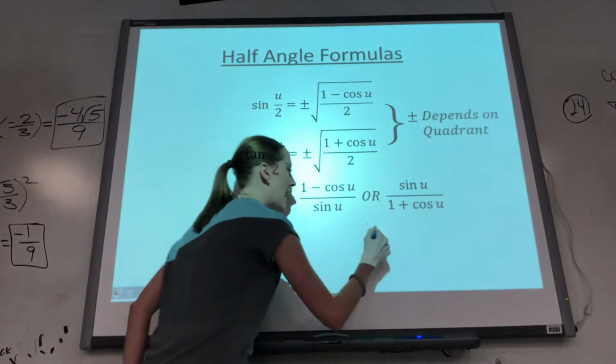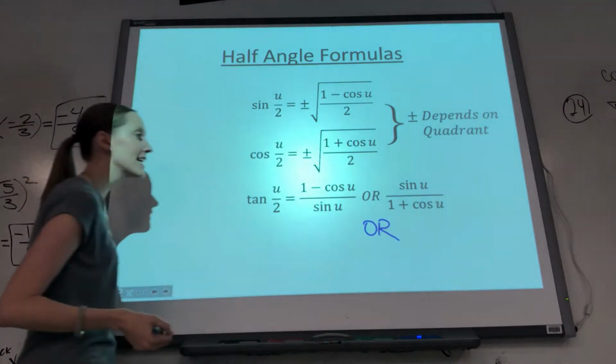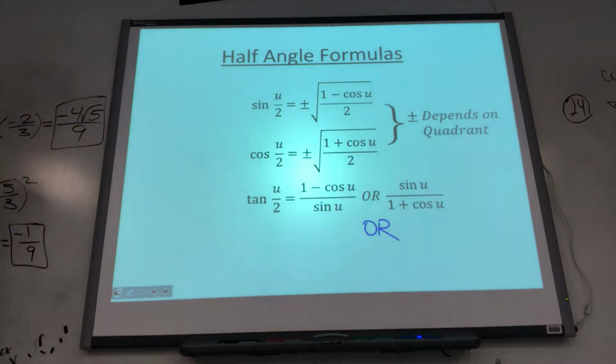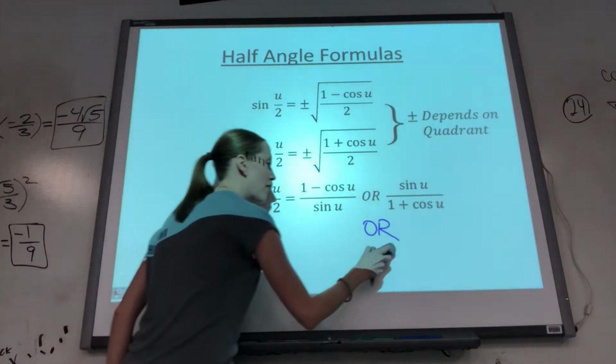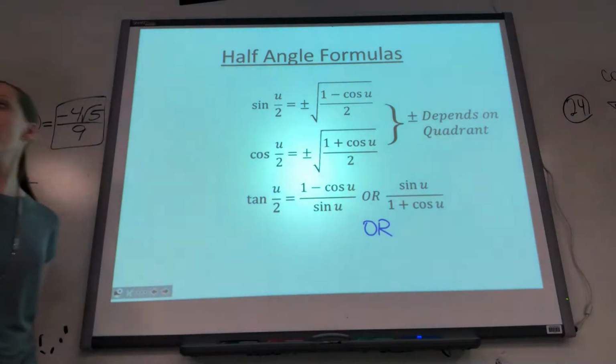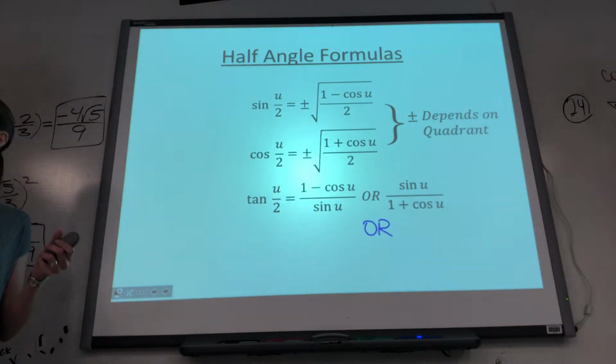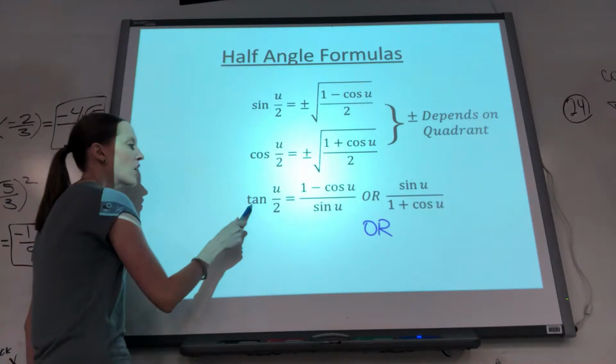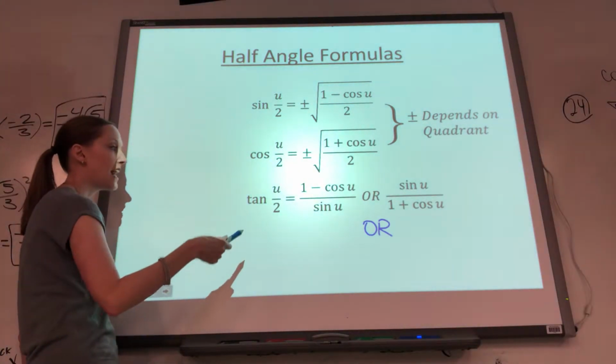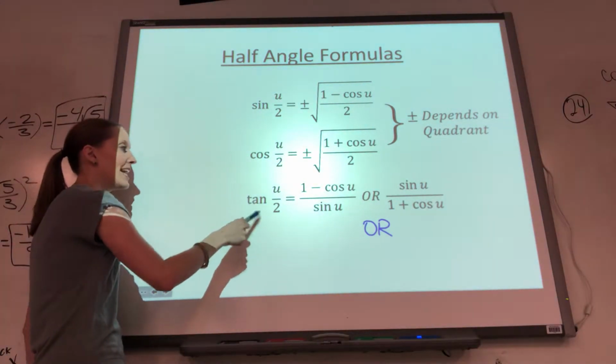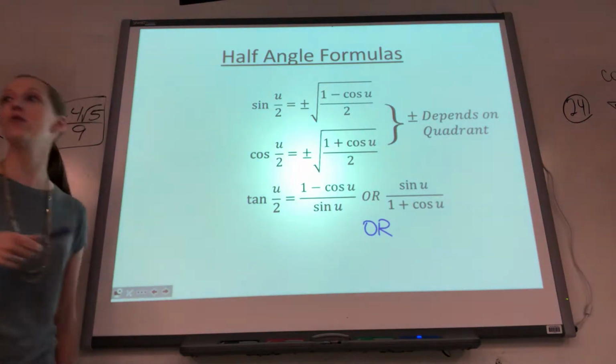Now, believe it or not, I'm actually going to add to this list for tangent. You already have 2 ways to find it, but here's a third way, which is something that we did a little bit yesterday. Remember the quotient identity. Tangent is sine over cosine.